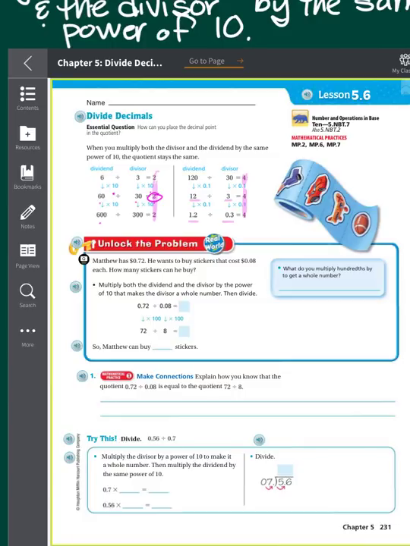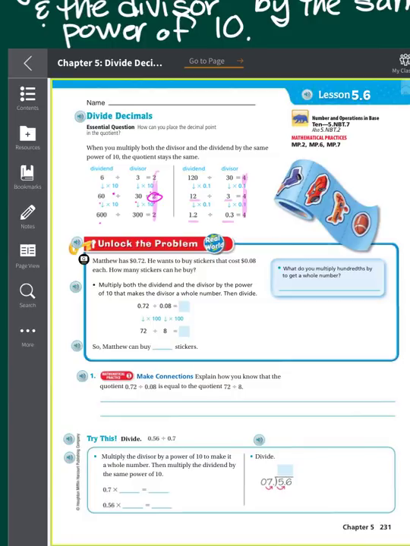Matthew has 72 cents. He wants to buy stickers that cost 8 cents. How many stickers can he buy? You're going to multiply both the dividend and the divisor by the power of 10 that makes the divisor a whole number, because it's easier.